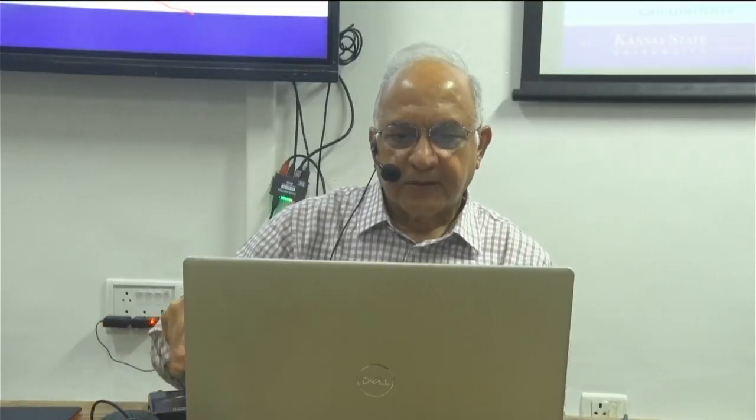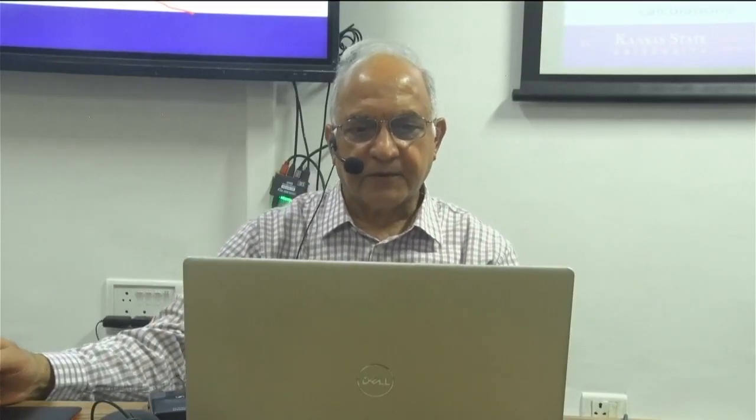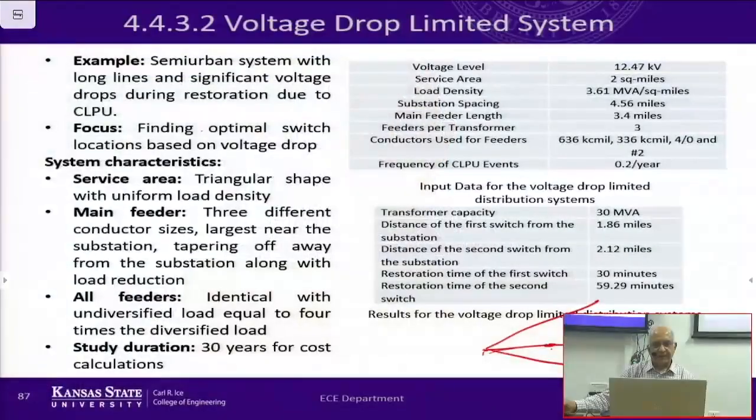Okay, then we did this analysis, and we found that this particular system that has the data in the upper table can be taken care of with a 30 MVA transformer, and the first switch is placed at 1.686 miles, the second switch is placed at 2.12 miles, and the switching times are: first, you close the substation switch, wait for 30 minutes to close the second one, and wait another 30 minutes and close the next switch.